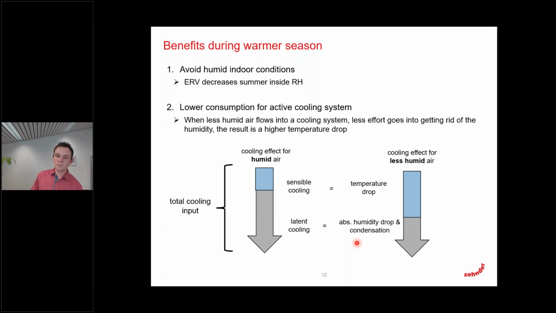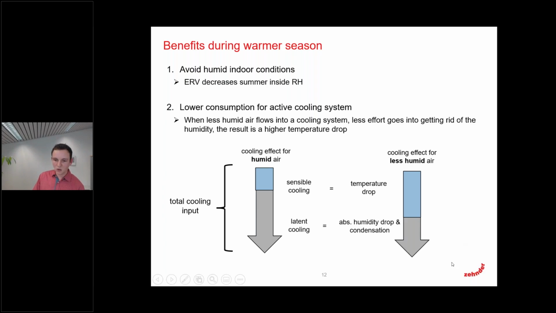And you know, dehumidifying the air is very energy intensive. So when less humid air flows into a cooling system, which you have using an ERV, less effort goes into getting rid of the humidity. The result is a higher temperature drop, and this is what you actually want when you have an active cooling system.